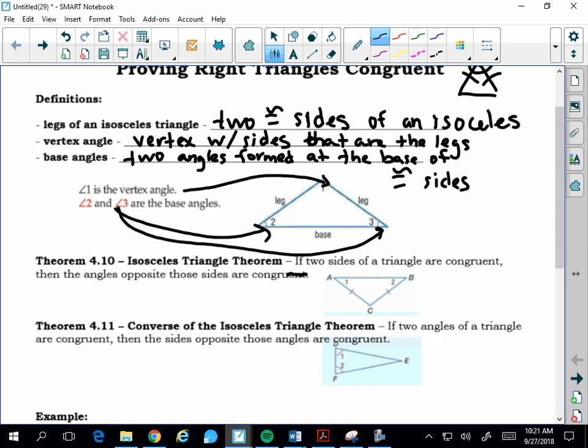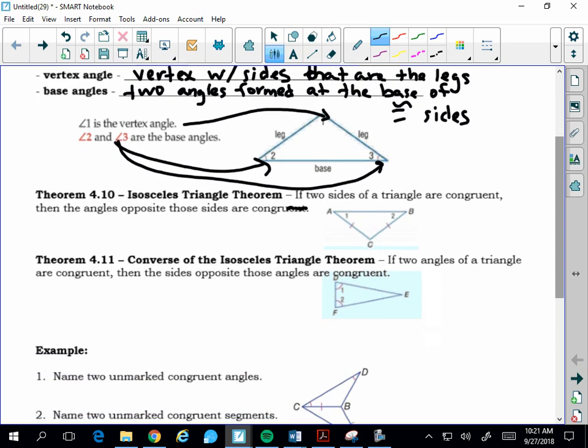Okay, we've got a couple more theorems. Again, ones that you are probably at least a little familiar with. First one being the isosceles triangle theorem, which says that if two sides of a triangle are congruent, then the angles opposite those sides are congruent. So basically, it's telling me here that AC is congruent to BC.